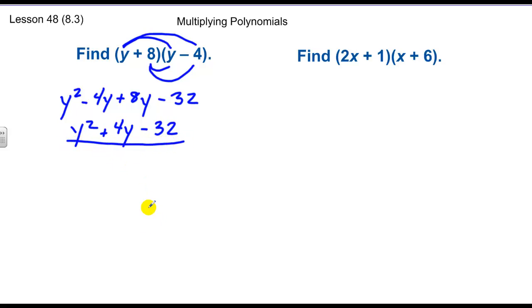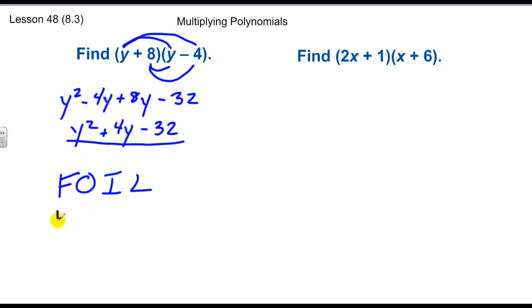Now, when I do multiplications of binomials times binomials, there's a mnemonic device that we call FOIL, which means when I'm multiplying only a binomial times a binomial, this works.